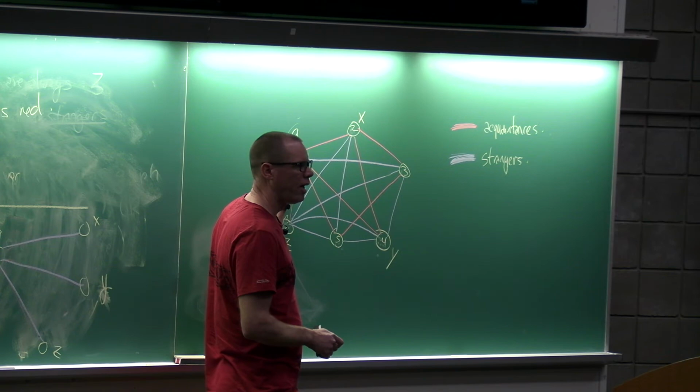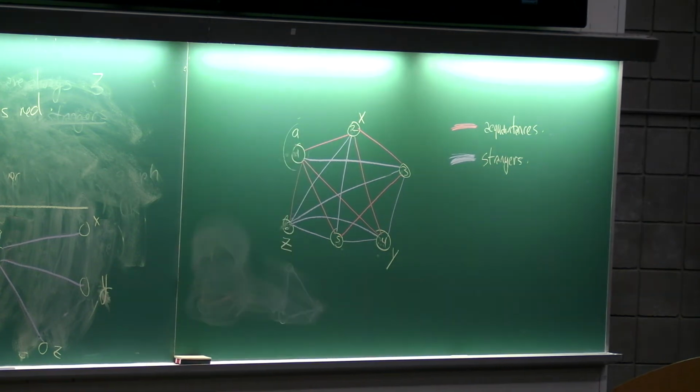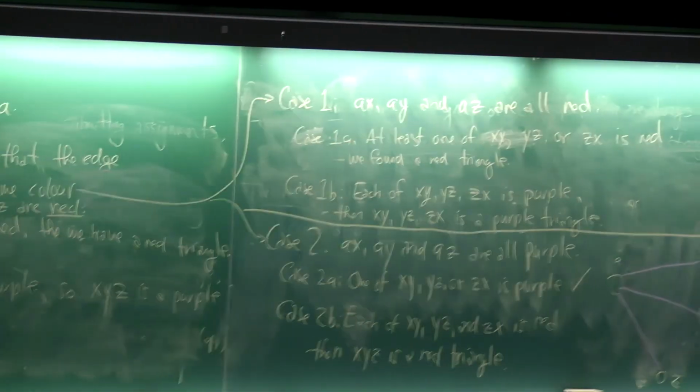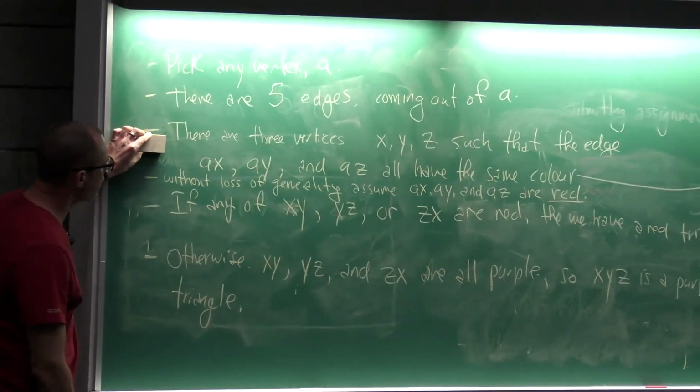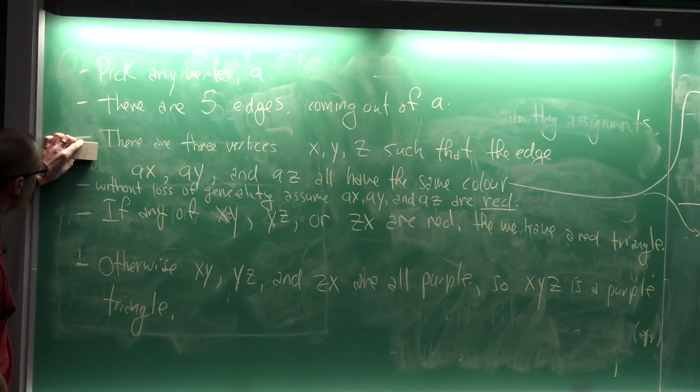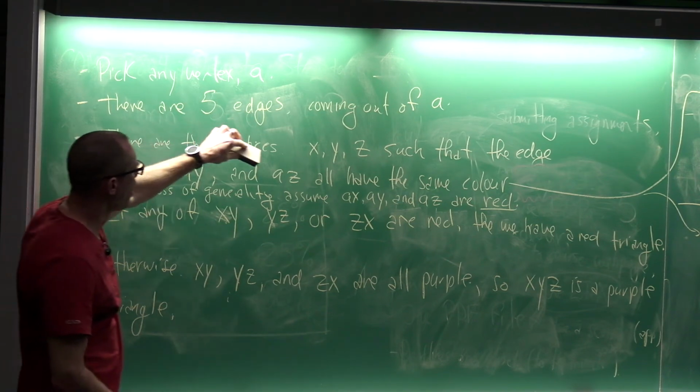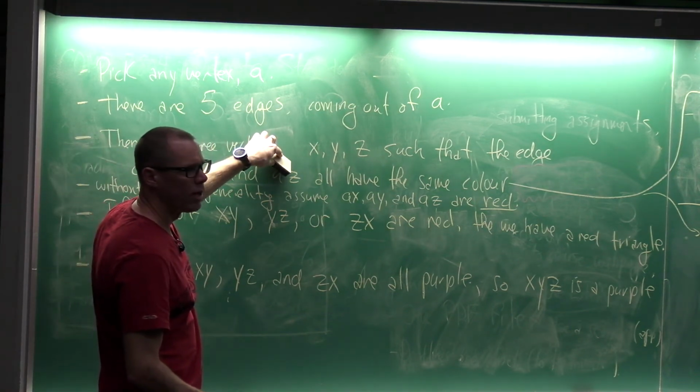If you had a data structure represent. Would you just add the different pairs in your statement? Well, if I had 5 red edges coming out of A, just take any 3 of their endpoints. No, because if you read this statement really carefully, it says there are 3 vertices x, y, and z such that the edges AX, AY, and AZ all have the same color.